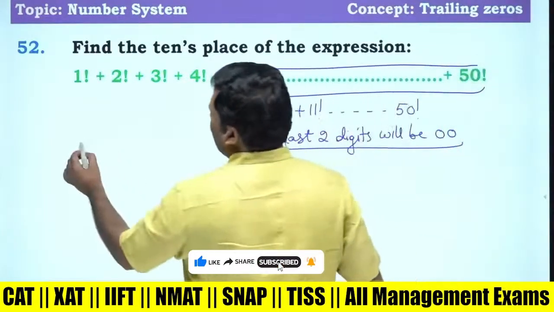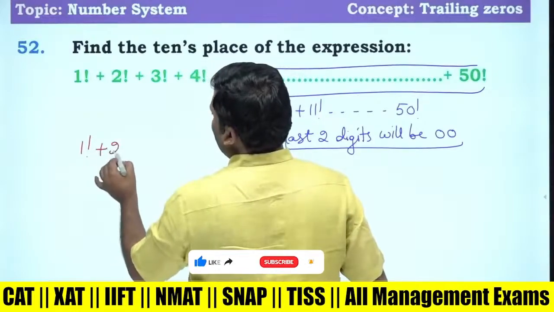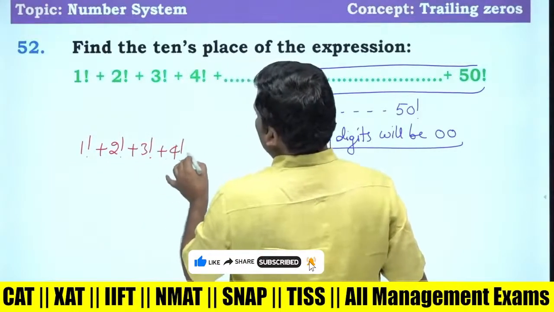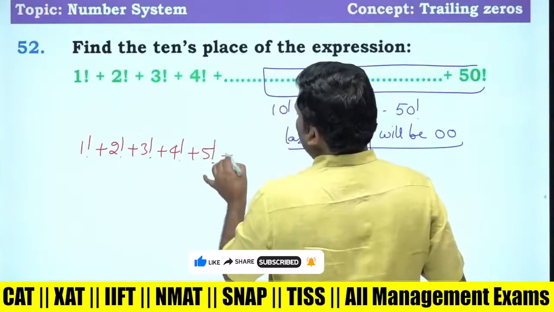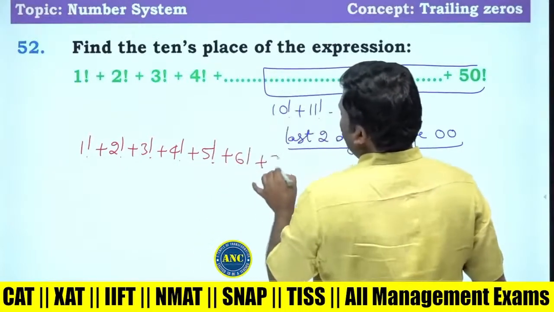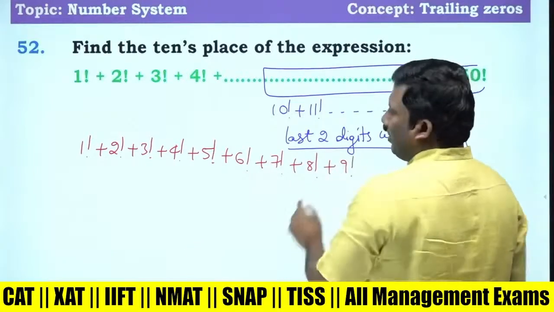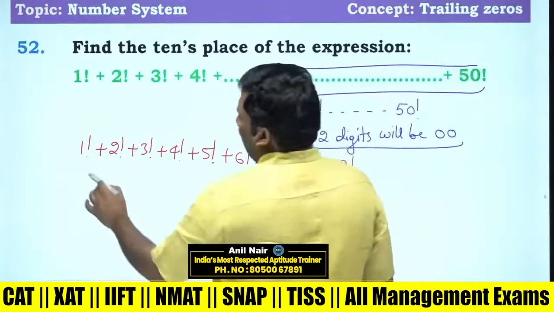Now, just now we did a similar question. 1 factorial plus 2 factorial plus 3 factorial plus 4 factorial, 5 factorial, 7 factorial. Don't solve it like this. See this approach. It is 1.